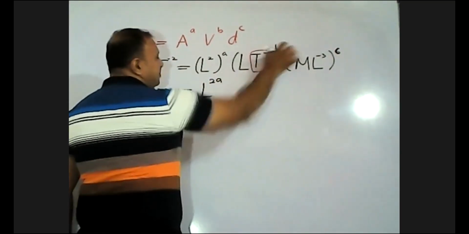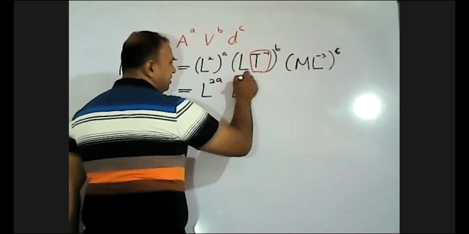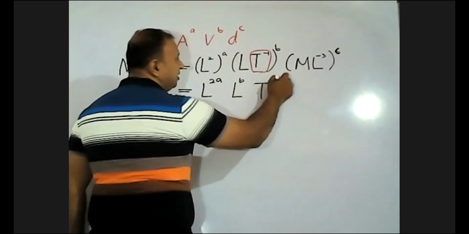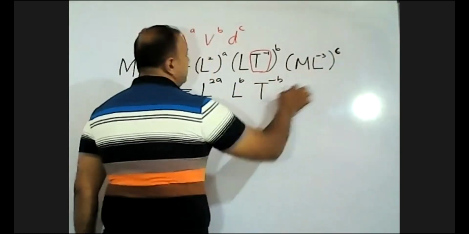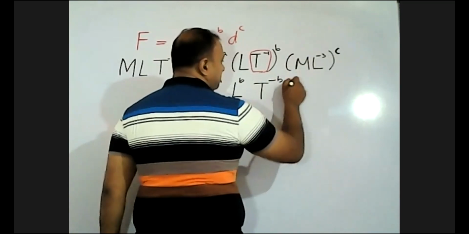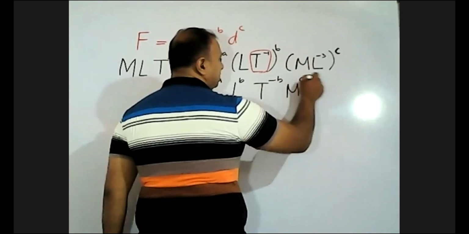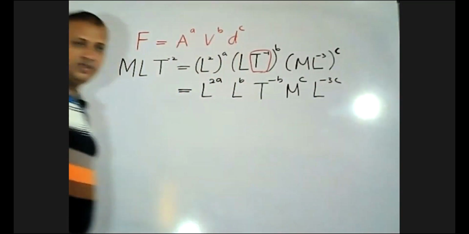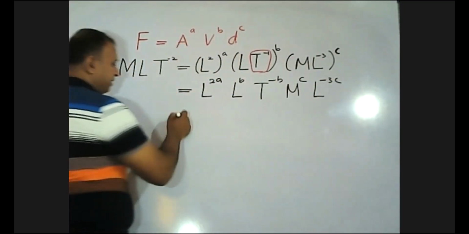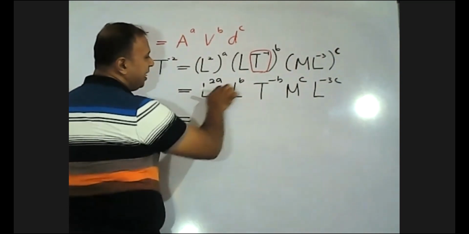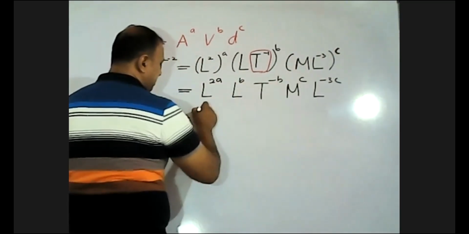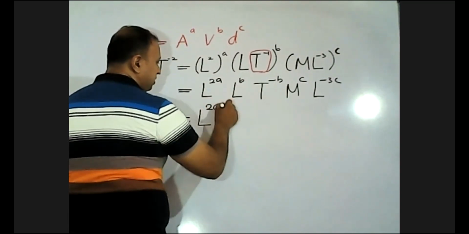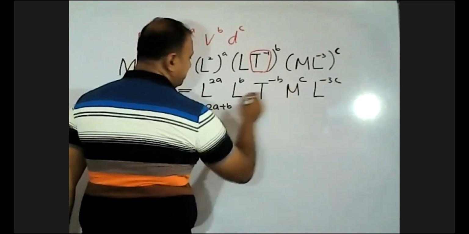Here, L times B, and T times minus B, M times C, and L times minus 3C. Then you can simplify this: 2A, B, and minus 3C, L to the power 2A plus B minus 3C.